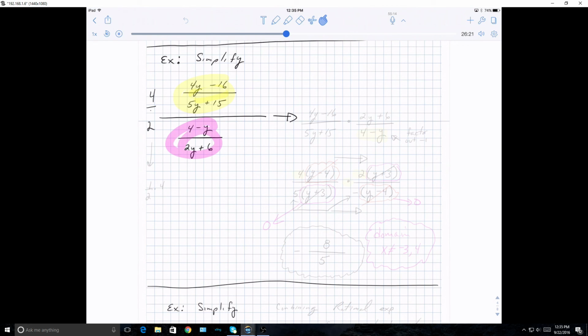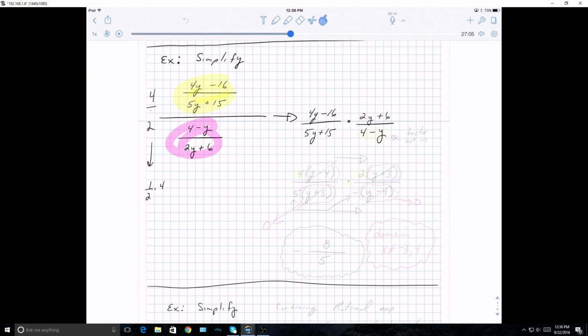If that's the case, then that's the same thing as taking 1/2 of 4. So all we have to do is change this to make it a little bit easier for us and say 4y minus 16 all divided by 5y plus 15. And instead of it being division now, we're going to multiply by the denominator's reciprocal. So that would just be 2y plus 6 all divided by 4 minus y.